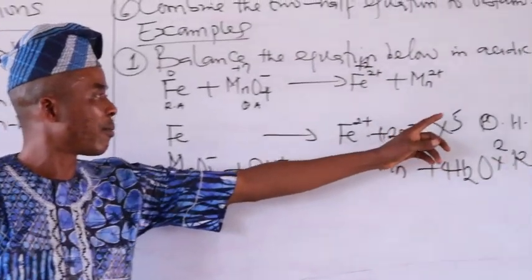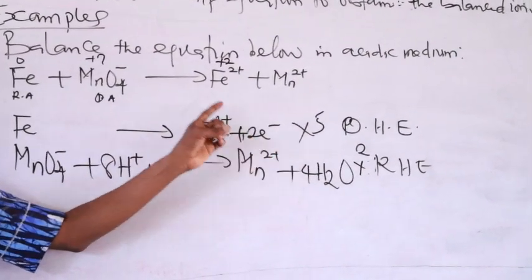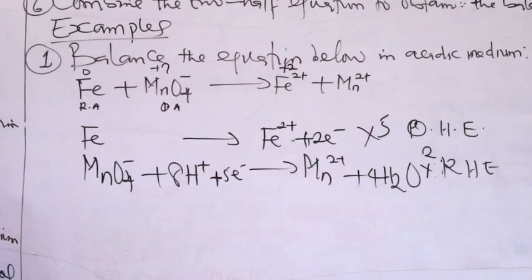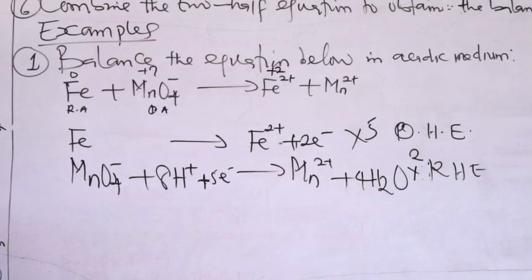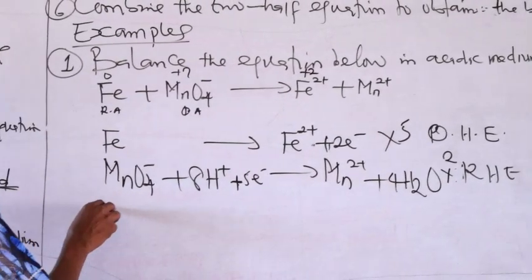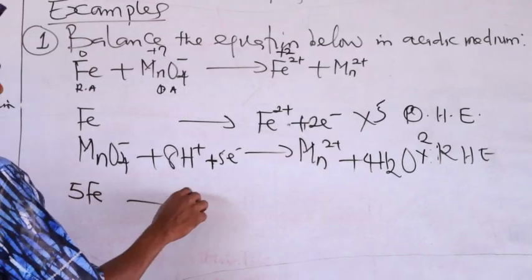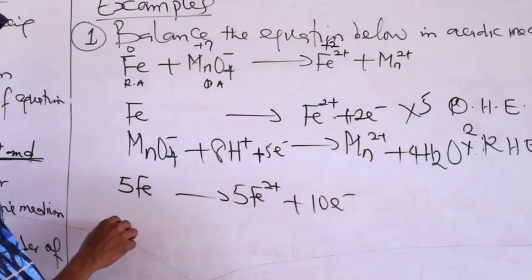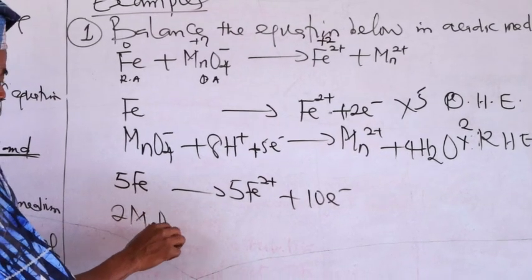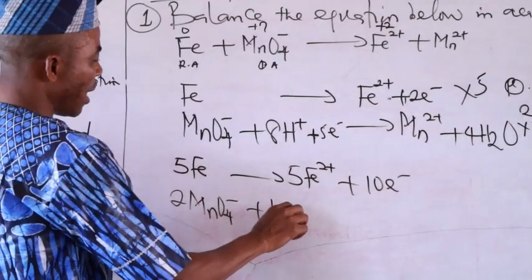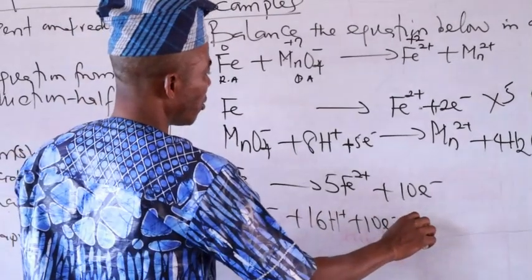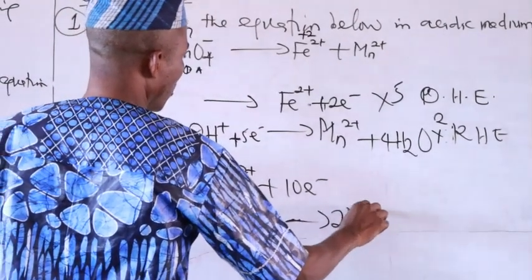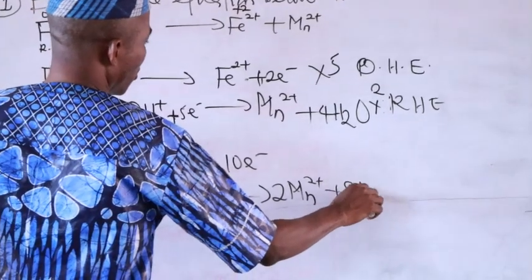So by the time we multiply 5 here by 2 electrons, we get what? And by the time the 2 here is multiplied by 5 electrons, we get 10. But the whole equation must be multiplied. So that means we have 5 Fe giving us 5 Fe2 plus 10 e minus. Then we have 2 MnO4 minus plus 16 hydrogen ion plus 10 electrons will give us 2 Mn2 plus 8 H2O.